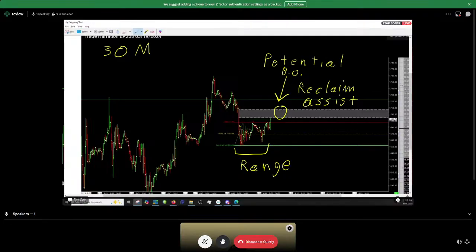So you're going to have a measured move. It's going to be 145 ticks or so, which would be up here. And this reclaim will assist the measured move because ranges typically want to go their body width when they break. A reclaim assisting it is very helpful. It's like a magnet.